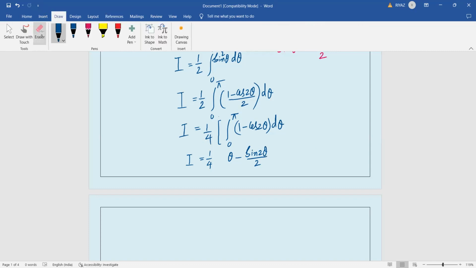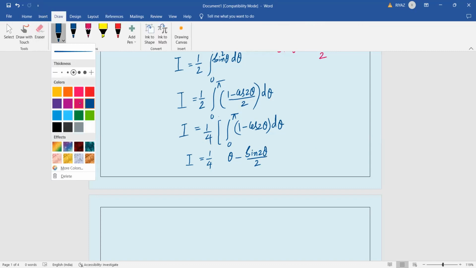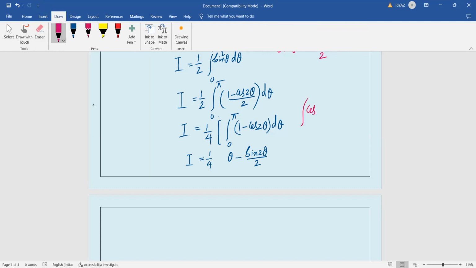See here, actually, this is how we are doing it. Suppose you have only cos x dx, the answer is sin x. Cos x integration is sin x, but the rule is we have to write the x coefficient always. But if I am talking about cos 2x dx, what is the answer?